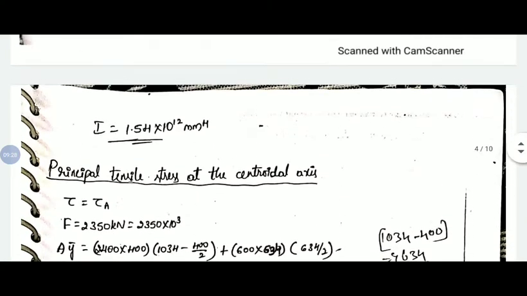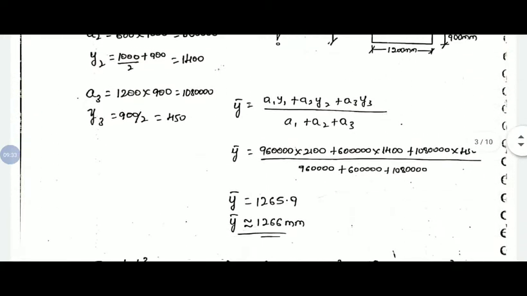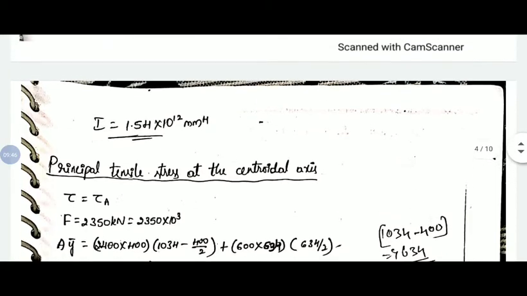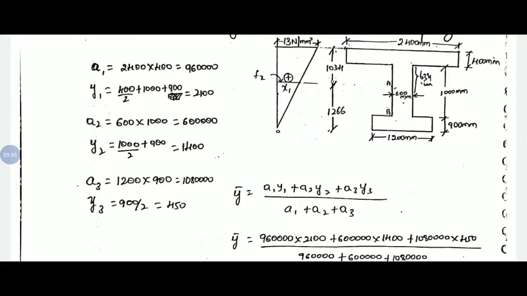So a y bar: if you take the top flange area, 2400 by 400, plus, like a1 y1 plus a2 y2, that we have considered. So a1 is 2400 by 400, and y1 is 1034 minus 400 by 2, or you can take 1034 minus 200.